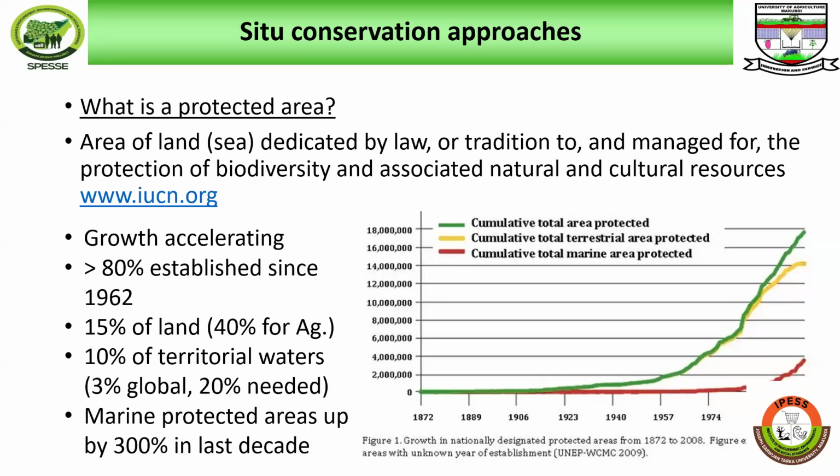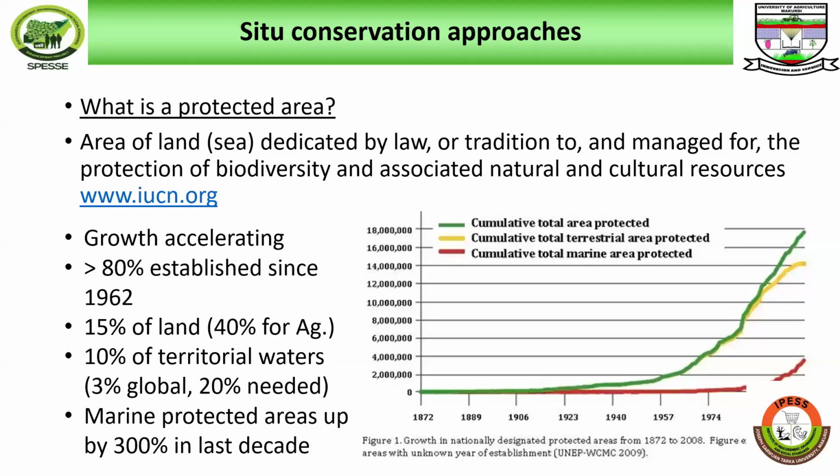The target is 15% of land, 10% of terrestrial waters. At the moment, we have 3% globally. But if we really want to do as much as we can, we actually need 20% of territorial waters.